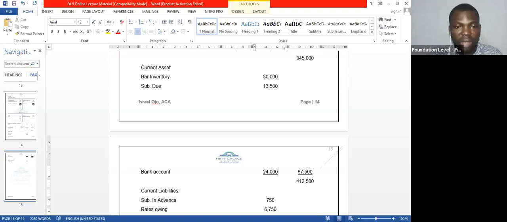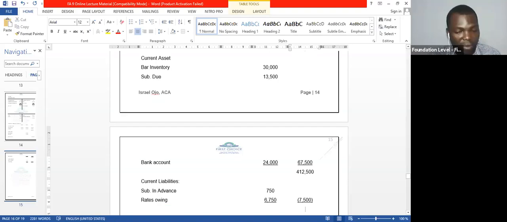Now let's add them together. 750 plus 6,750 gives us 7,500. So this figure here is the total liabilities. Now 412,500 minus 7,500 will give us 405,000.